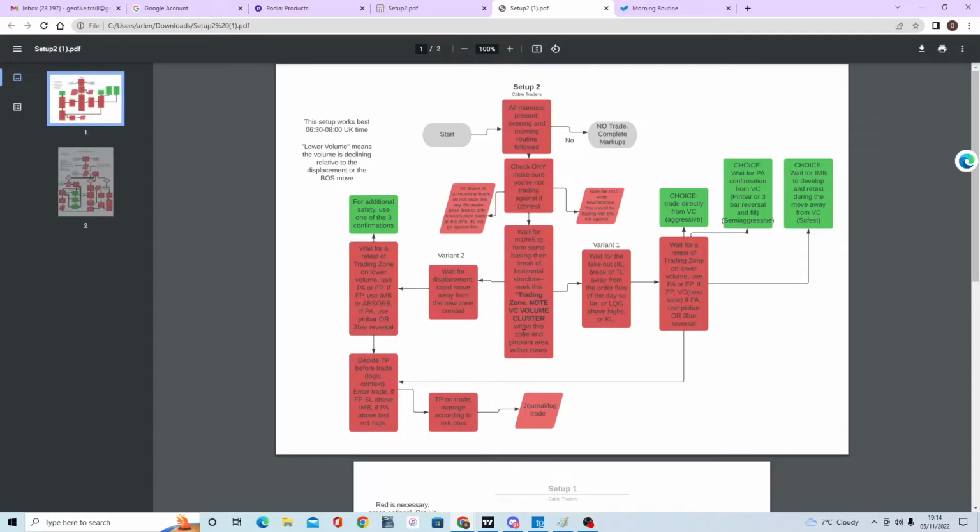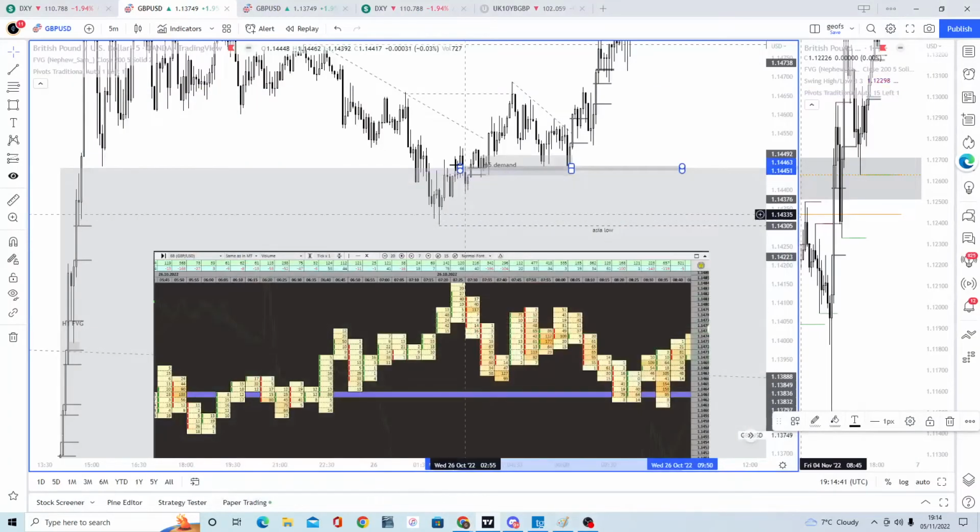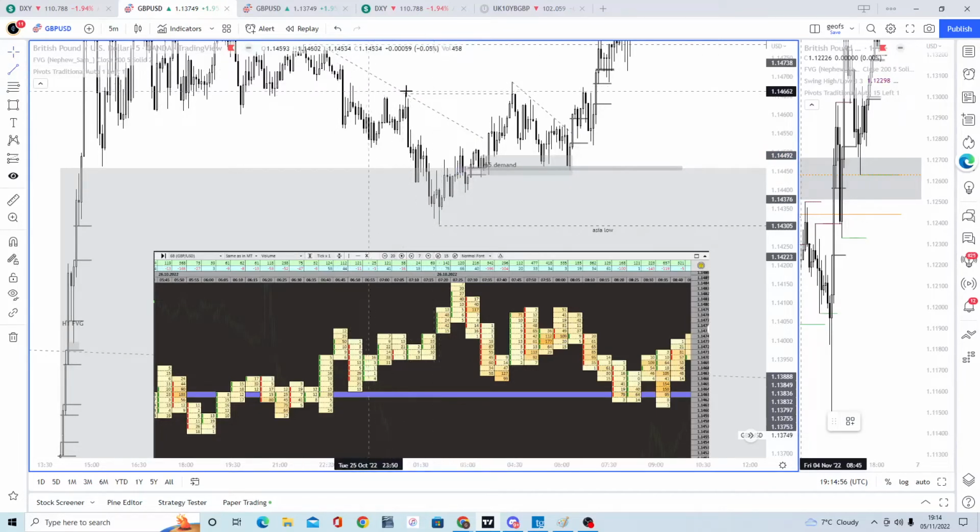Note VC, volume cluster within the zone, and pinpoint area within zones. So we've done that. We've got our M5 demand. It's tested. It breaks horizontal structure. Perfect. And we have this run on liquidity twice. We have this liquidity above here, taken. And this liquidity above the trend line, taken.